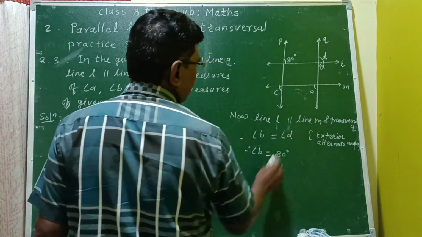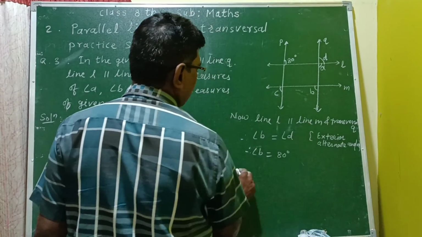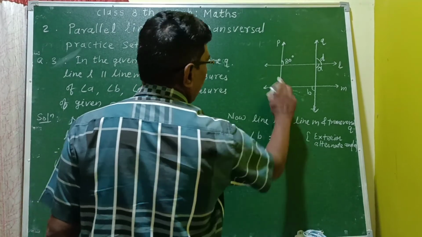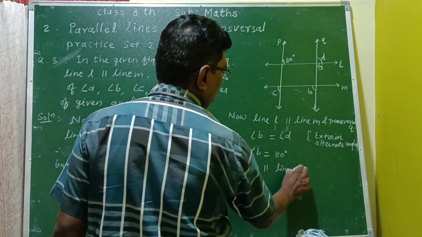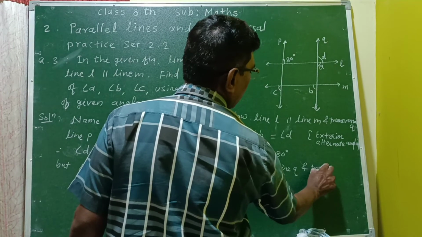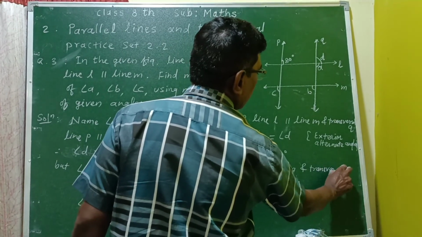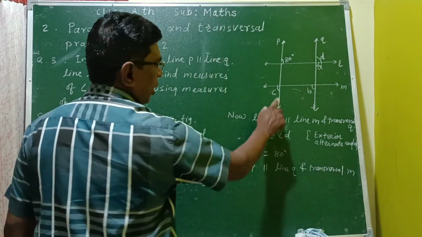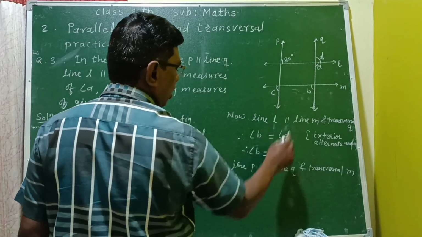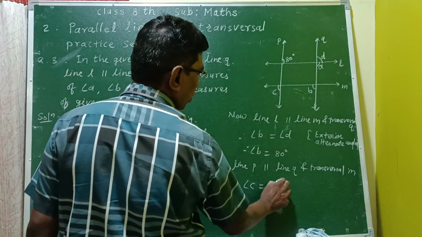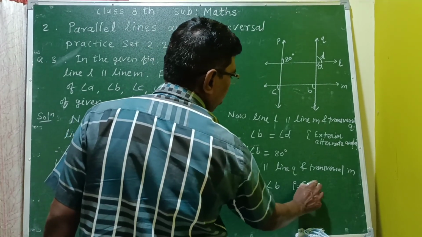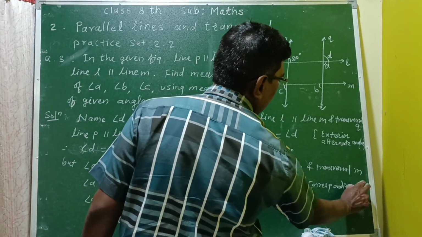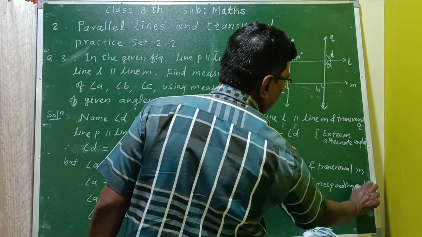Now, these two lines are parallel. Line P is parallel to line Q and transversal M. On this transversal, B and C are corresponding angles. Angle C is equal to angle B because B and C are corresponding angles.